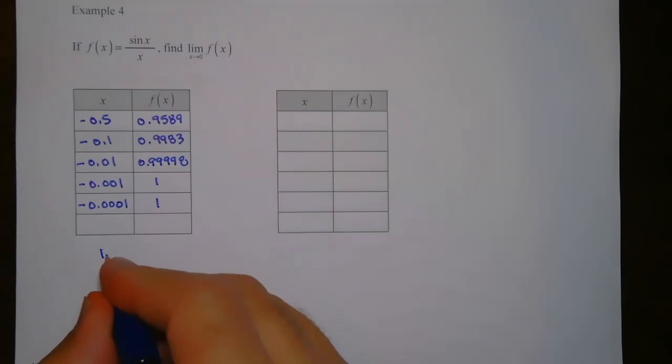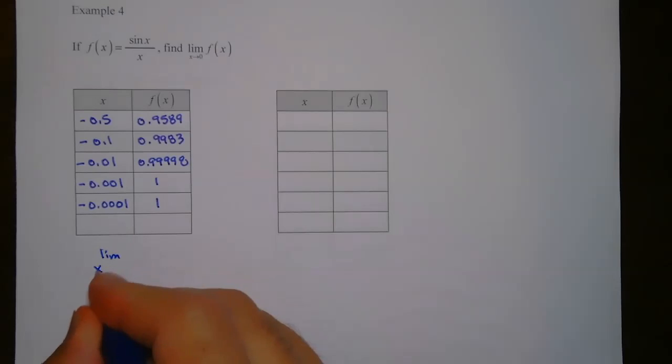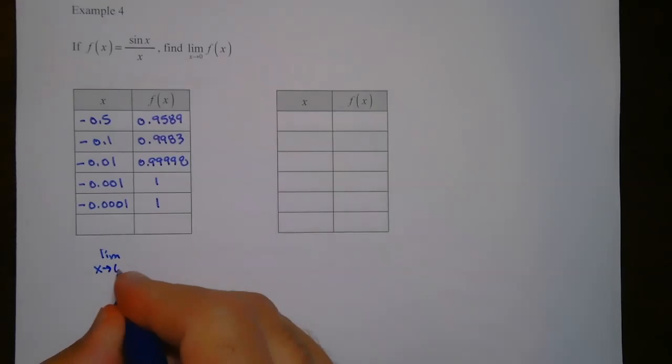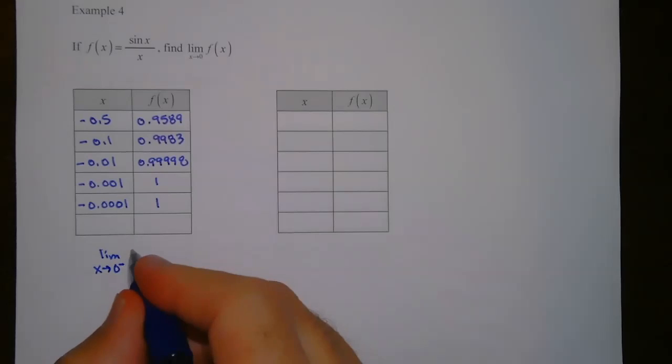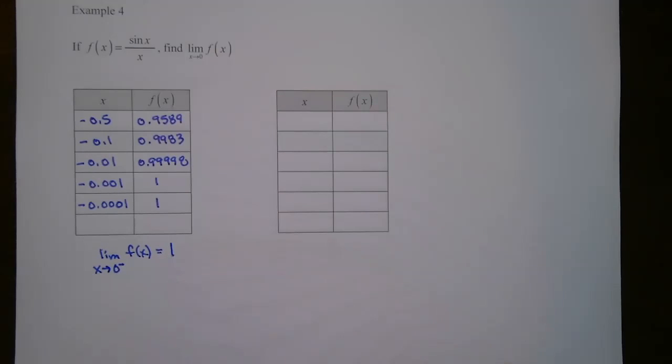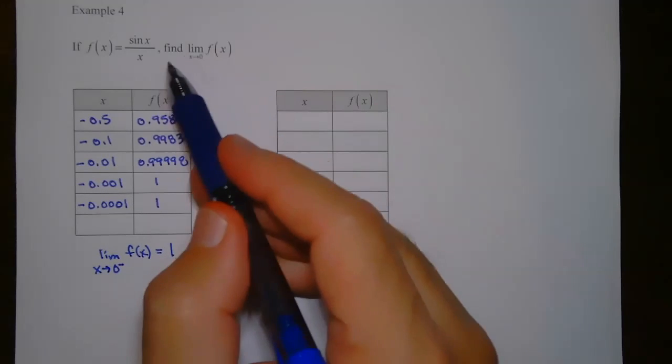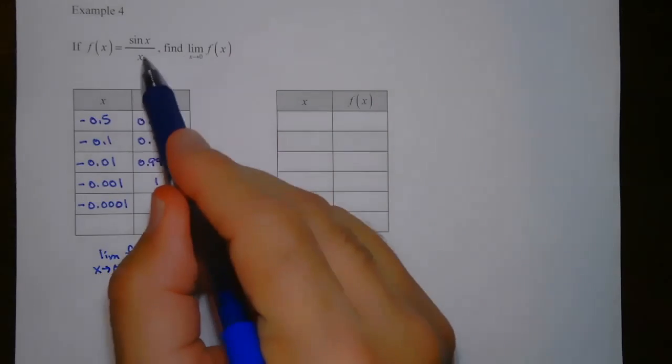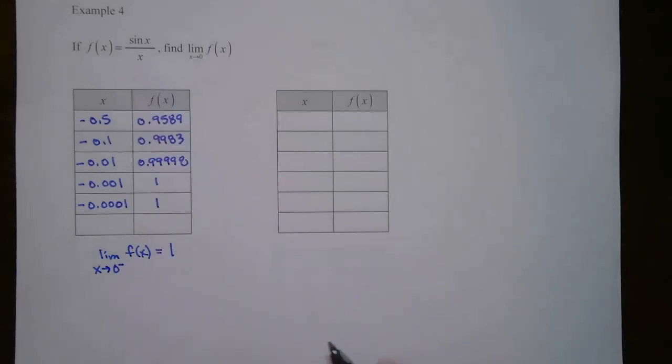By making this table, we're making x get closer and closer to 0 from the left of f of x. And by looking at this, the value is 1. And remember, we couldn't find f of 0 because that would mean we're dividing by 0 here, because x would have to be 0. Okay?